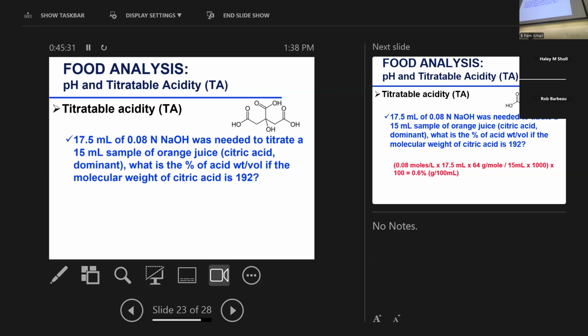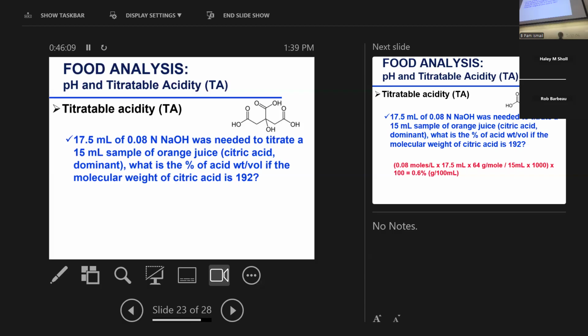All right. So what's the equivalent weight of your acid here? The molecular weight is 192. Is the equivalent weight 192? What is it? It's 3 times less. The equivalent weight corresponds to one hydrogen transferring, so the equivalent weight equals the molecular weight divided by the number of equivalents.